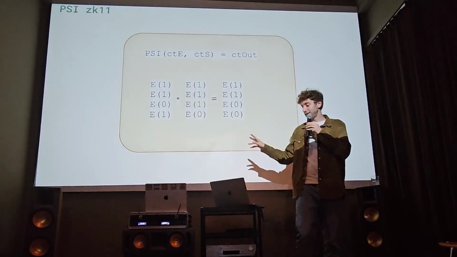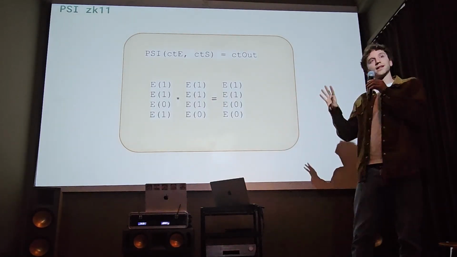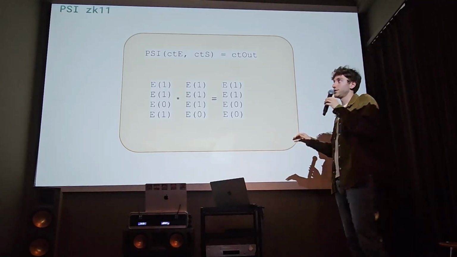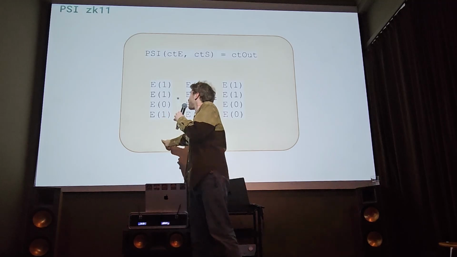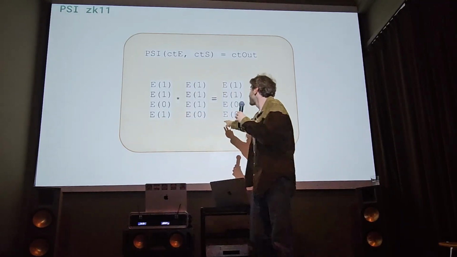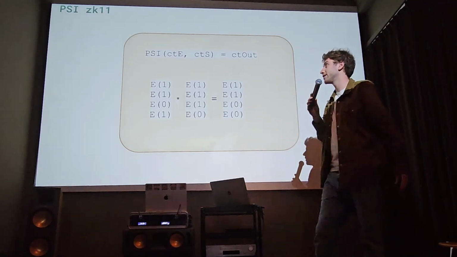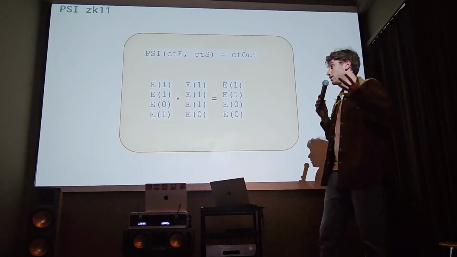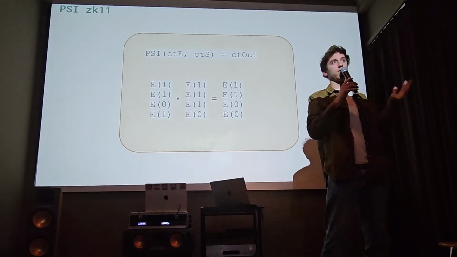Okay, and this is a zoom into what is actually the PSI computation. So we start with the encrypted ciphertext E, ciphertext S, and this is ciphertext out. So this is an encryption of this bit vector, and as you know, the encryption algorithm in fully homomorphic encryption is not deterministic.